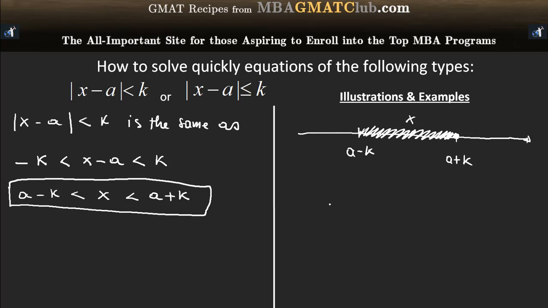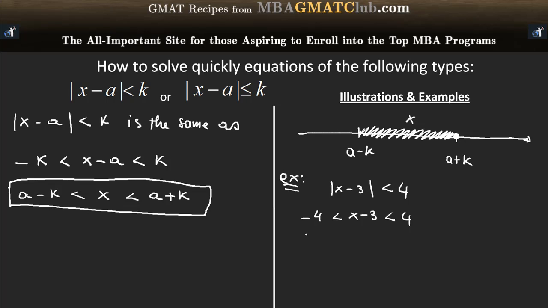Now let me give you an example. A good example would be the absolute value of x minus 3 less than 4. In that case, all you have to do is write negative 4 less than x minus 3 less than 4.